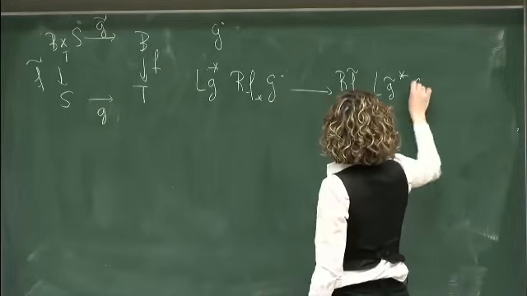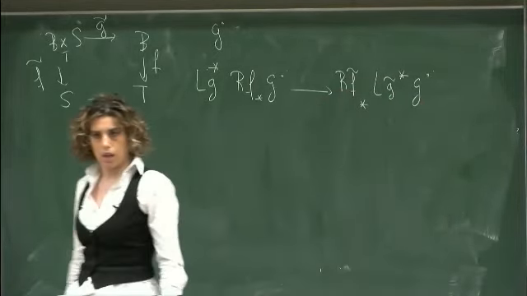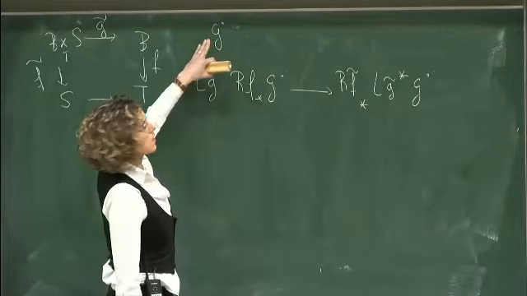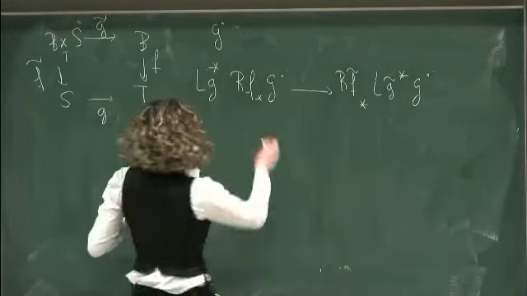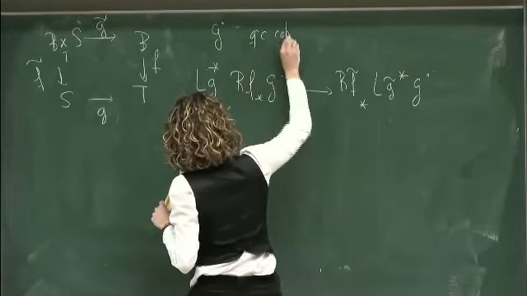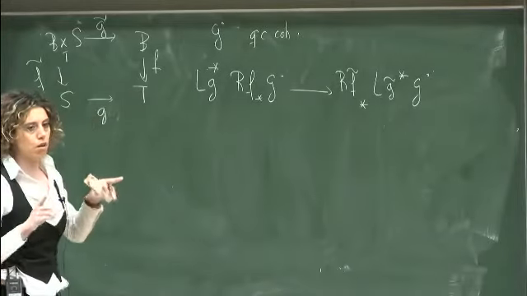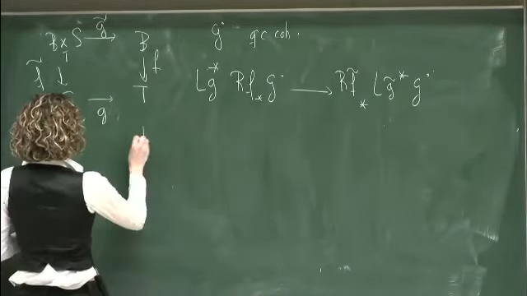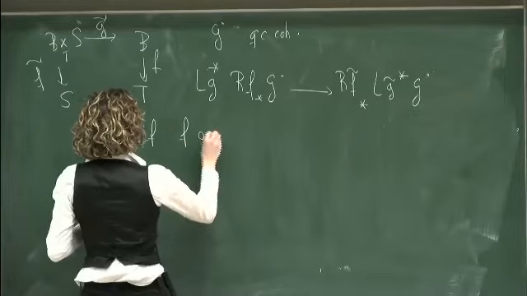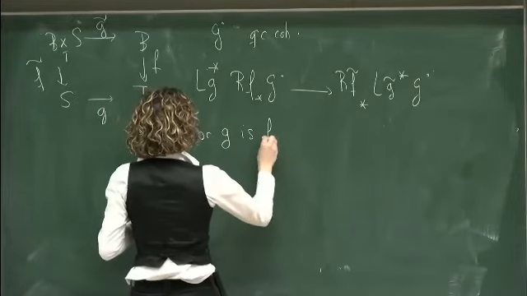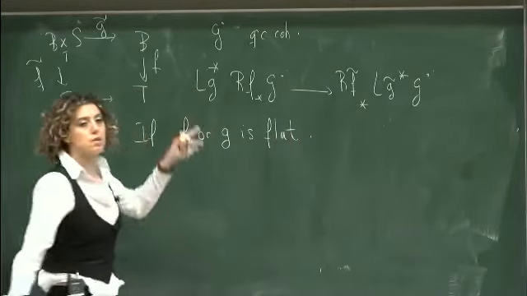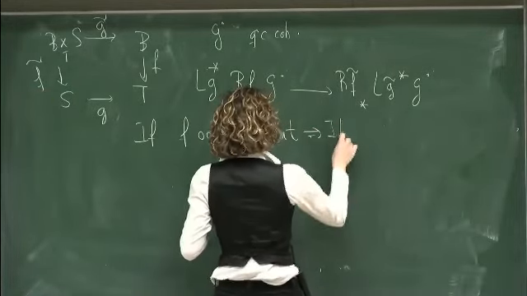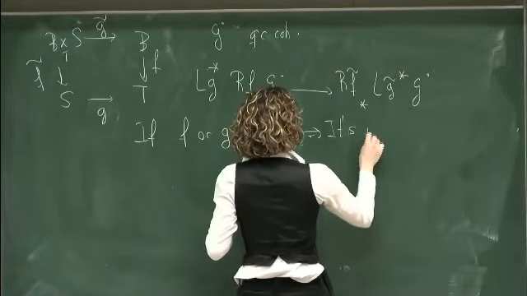And under mild conditions, when the complex has quasi-coherent cohomology and one of the two morphisms, either F or G, is flat, then this morphism is an isomorphism.